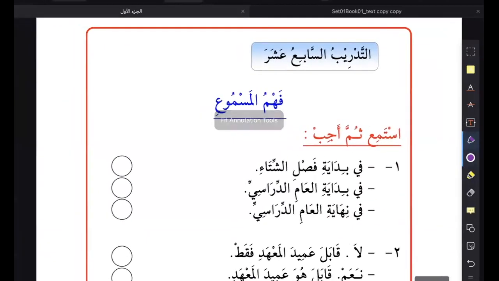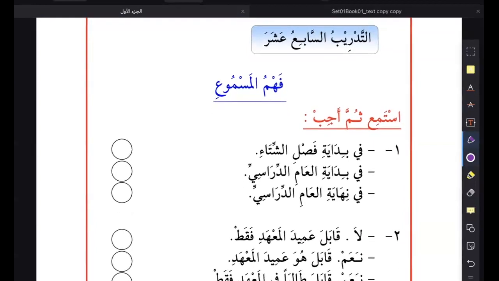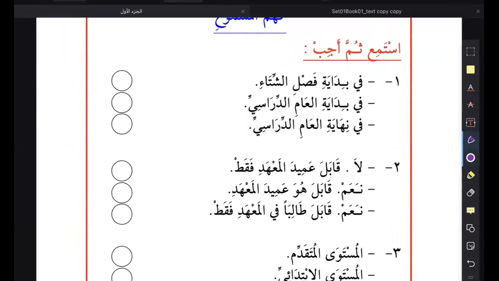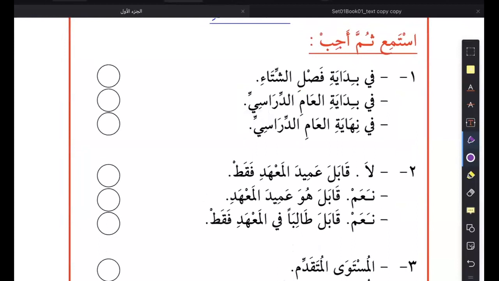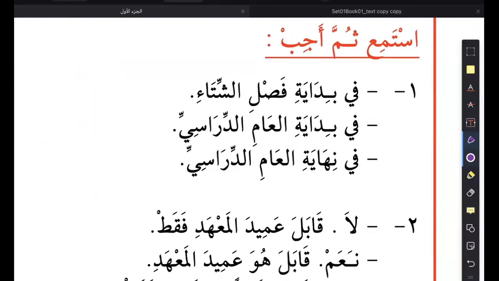Then the next tadrib we have at-tadrib al-sabi ashar, which is the 17th exercise, which is Fahmul Masmu'. Fahmul Masmu' is a listening exercise, and we tend to skip them. We'll just quickly see if there's anything interesting here. في بداية فصل الشتاء, in the beginning of the season of winter, meaning winter season.